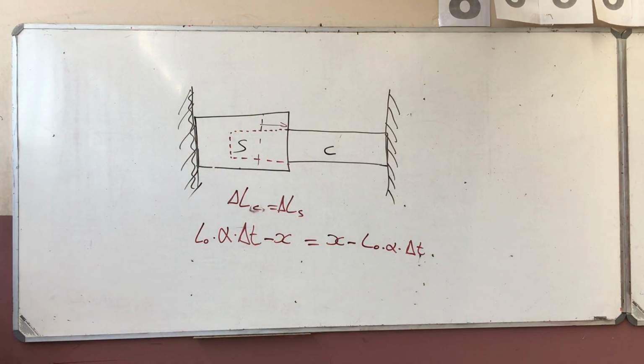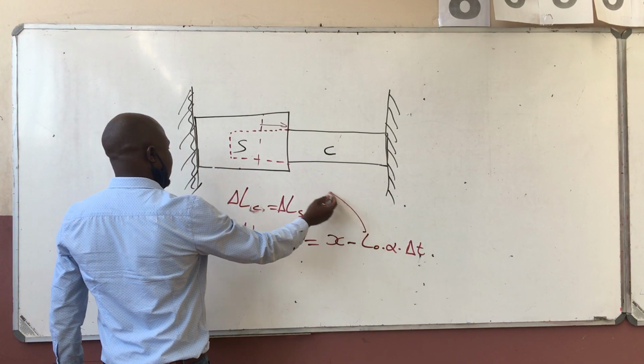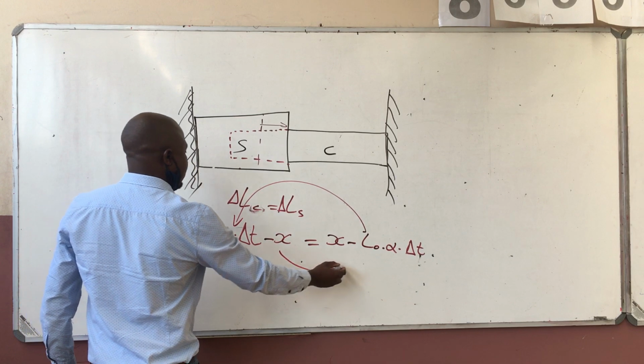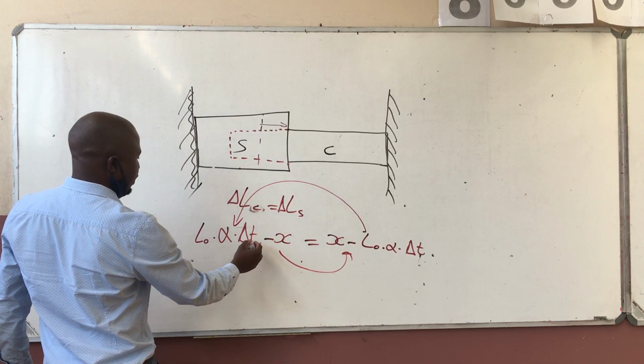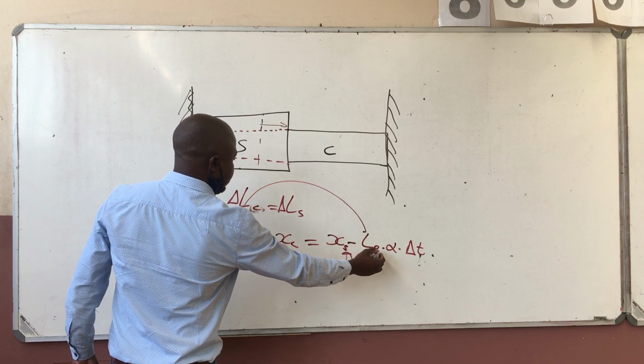Yes, in that manner. So in this case, you can take this one on this side, and this one on the other side. This one is for copper, this one is for steel.